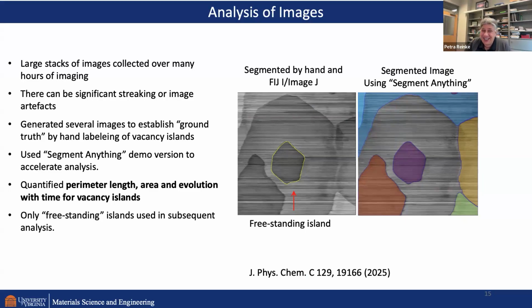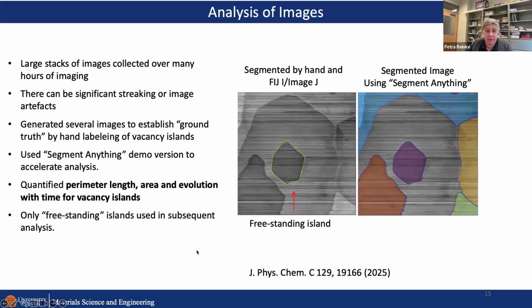If you've ever tried to analyze an STM image, which is a little bit streaky, I can tell you this is really difficult with any of the classic tools like Fiji or ImageJ. It works very well if the analysis is done by a student.